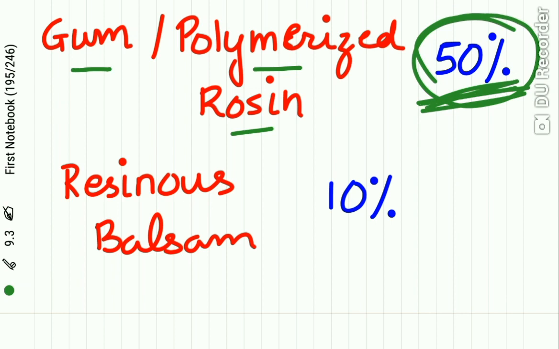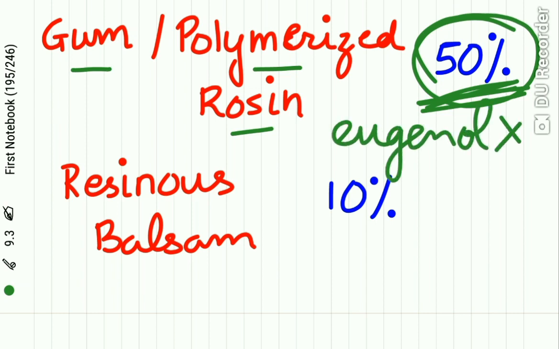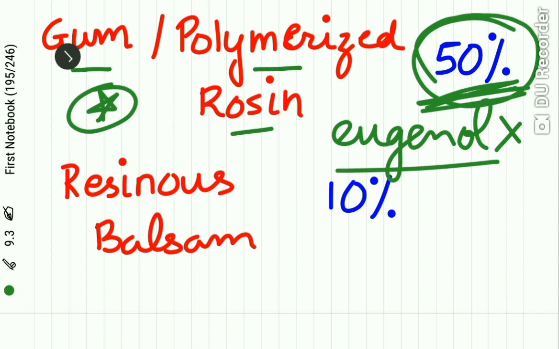It is asked frequently in exams, what is the principal ingredient of the accelerator paste? Most of the students give the answer eugenol, which is wrong. So, here you should remember the principal ingredient present in the accelerator paste is gum or polymerized rosin, 50%.